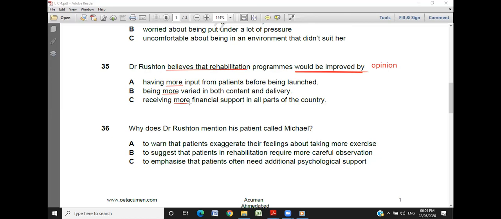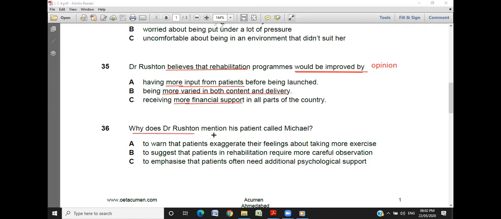So obviously he's comparing what changes can be done to the existing ones. Okay. So do we need more input from patients, or do we need more variety in terms of content and delivery, or do we need more financial support?